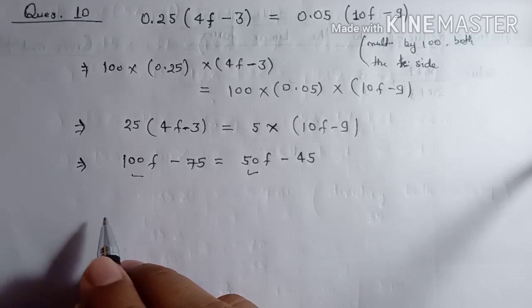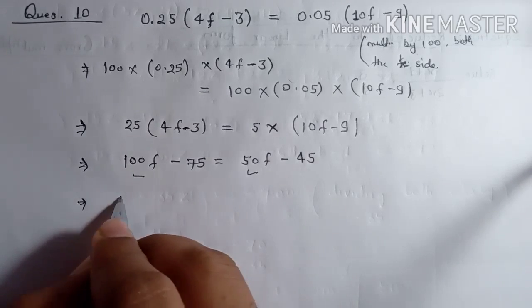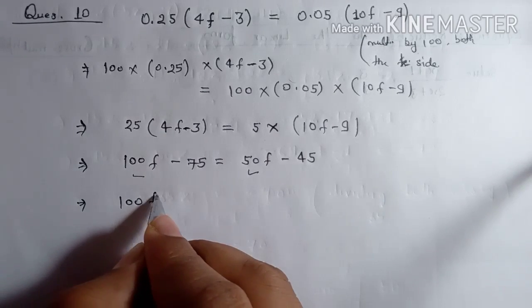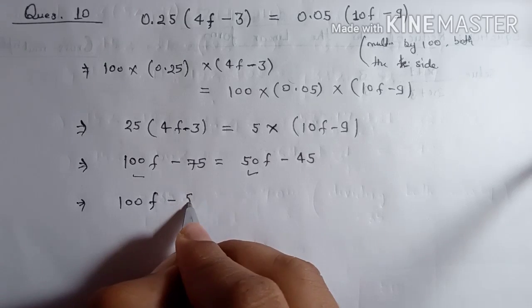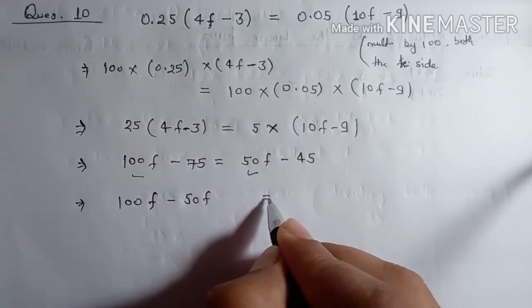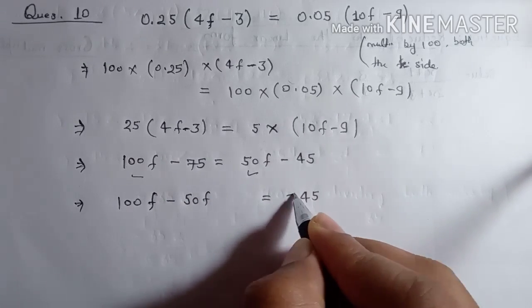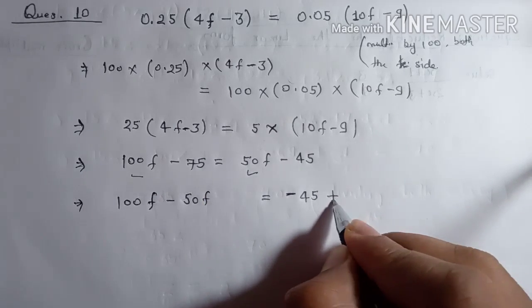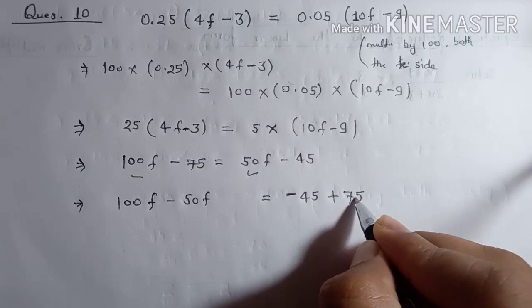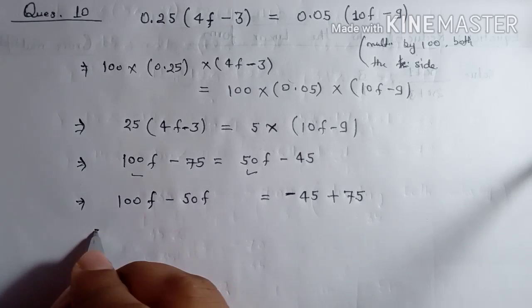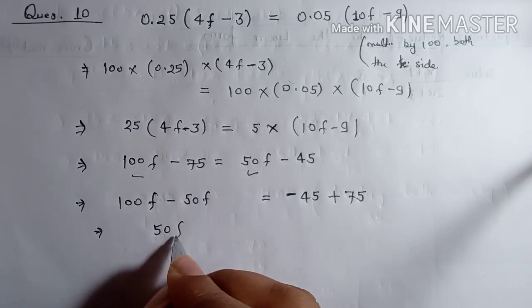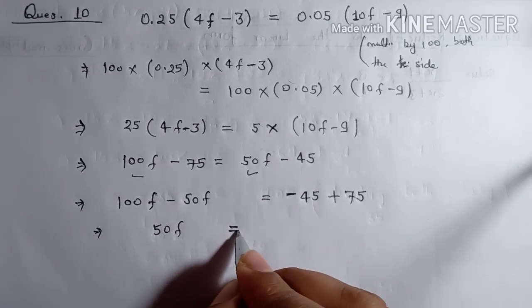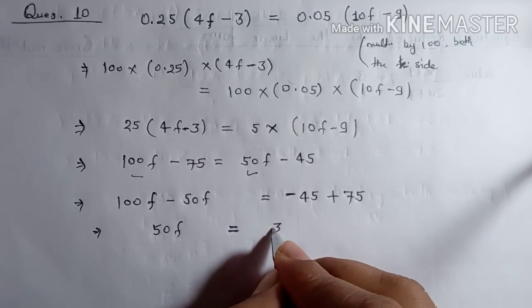Transpose this 50f to the left hand side, so 100f minus 50f, and see it is minus 45 here, which is rest, and this 75 you have to transpose here, but this will be 75 with positive sign. Here it is 50f, and here it is 30. I missed.